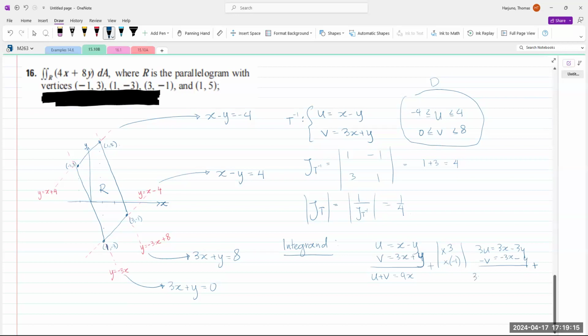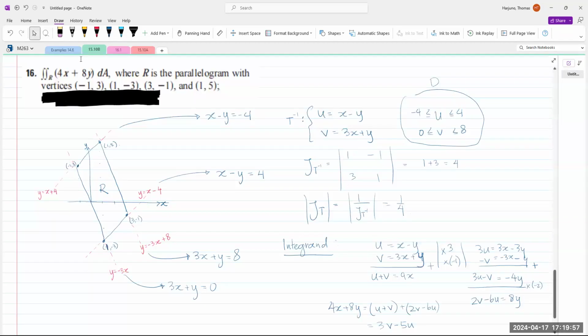When I add, I get 3u minus v equals negative 4y. I need positive 8y, so multiplying by negative 2 gives me 8y equals 2v minus 6u. So the integrand 4x plus 8y now becomes u plus v plus 2v minus 6u. That gives me 3v minus 5u.